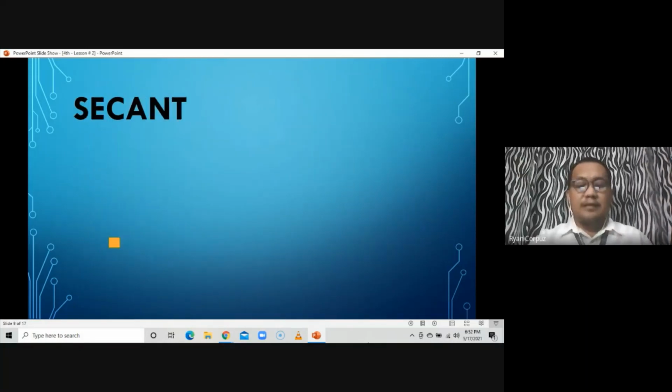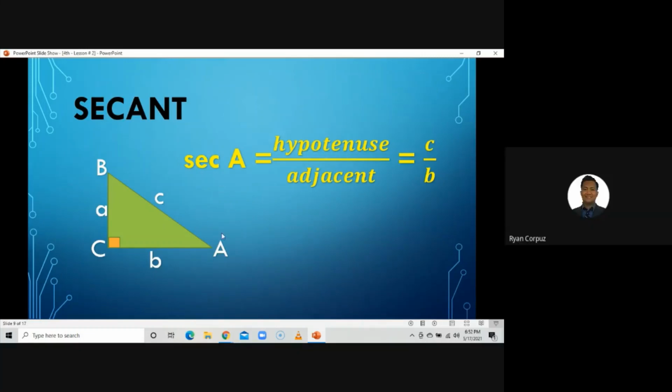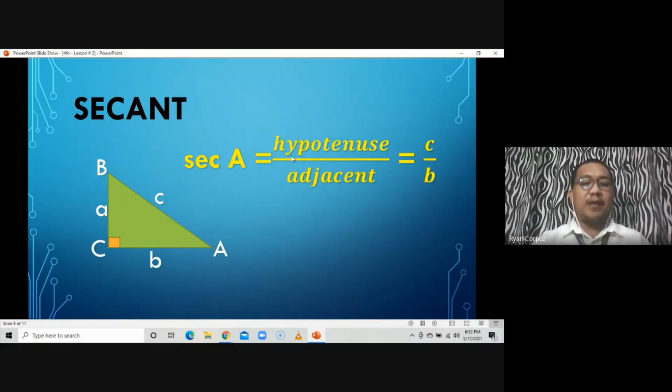Next, secant is the opposite of cosine. So, with this given right triangle again, and with regards to angle A, if we want to find out secant A, simply apply the trigonometric ratio hypotenuse over adjacent. Do you remember the cosine?